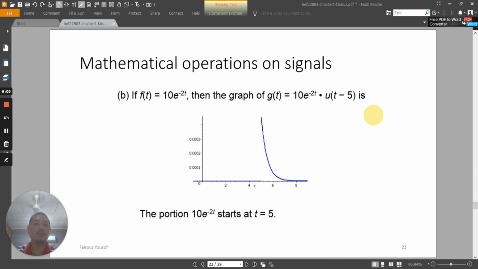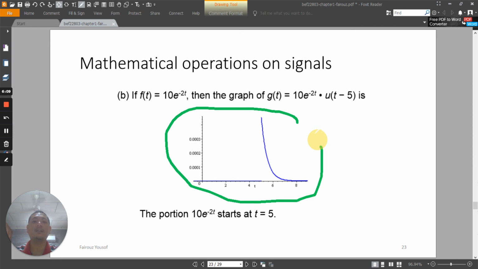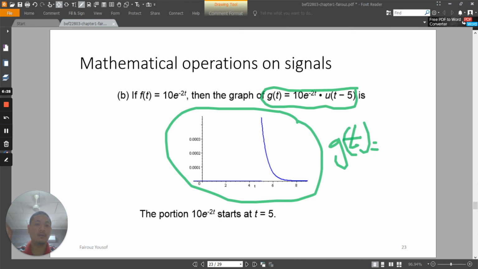We can represent this graph as a mathematical equation in this format, or in the piecewise format: 0 for t less than 5, and 10e^(-2t) for t more than 5. So that is another way to write the graph.